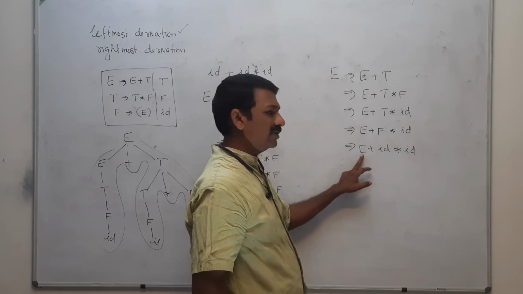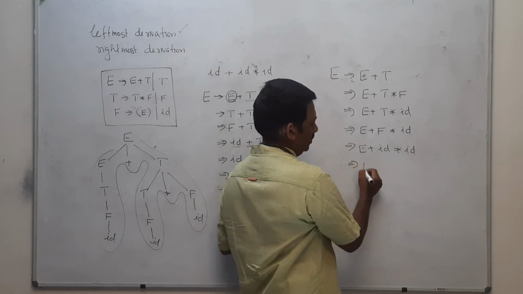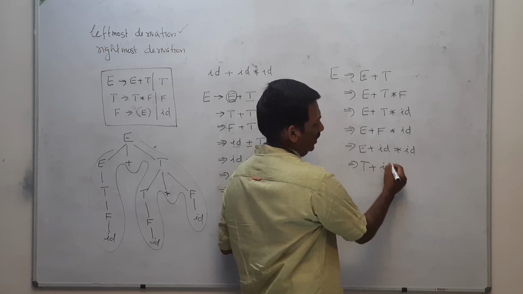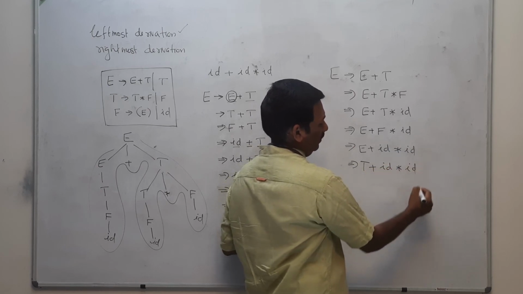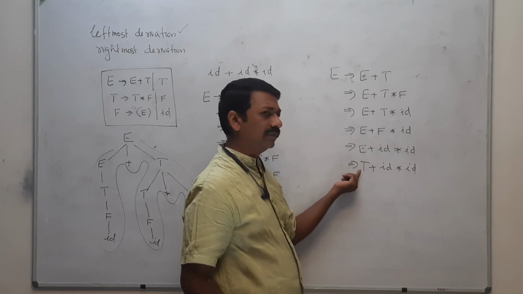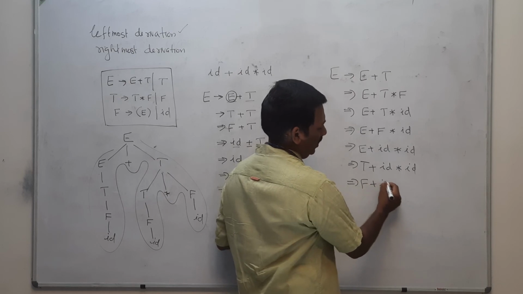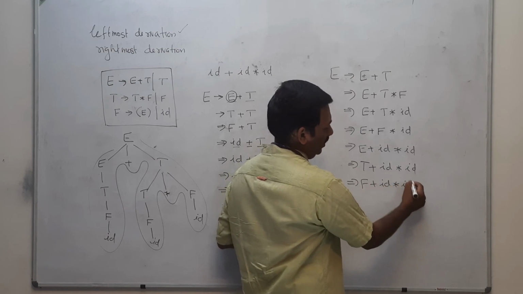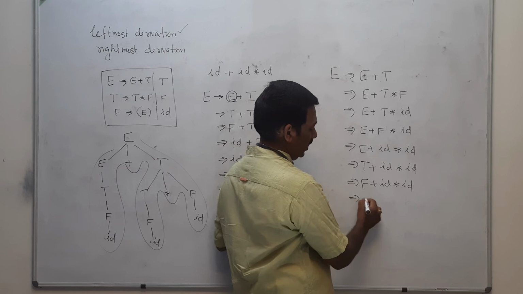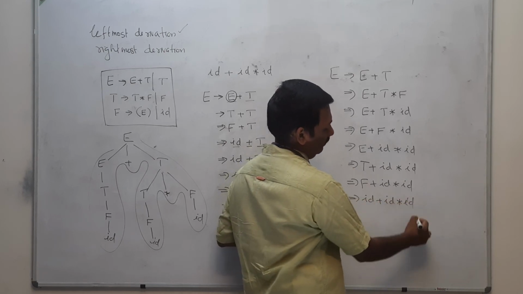Now I am going to replace this E with T, which is T plus id star id. And now I replace this T with F, giving F plus id star id, and F is replaced with id plus id star id.